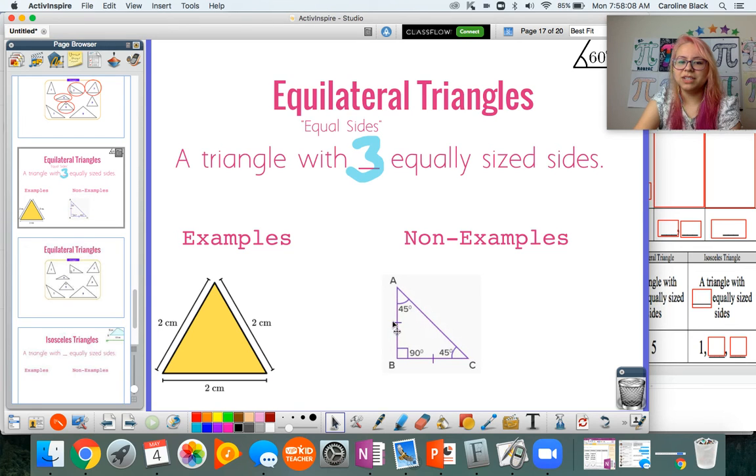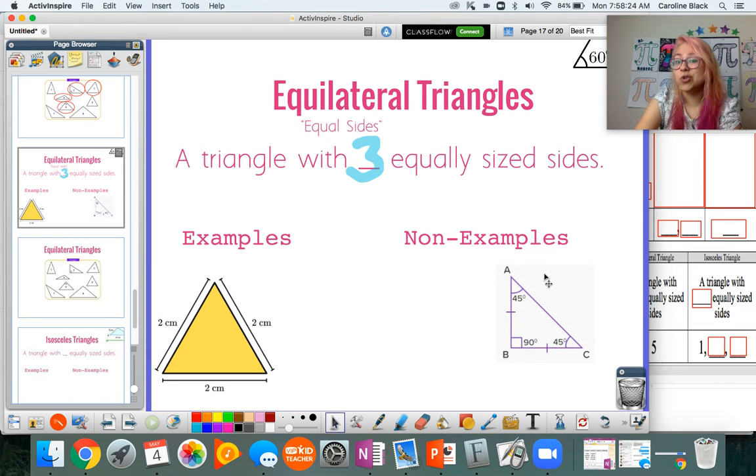Oh, here we have tick marks. I only see that AB is the same as BC because it has the tick marks, but this side does not have that same tick mark to say that it's equal to the other two. So this has 2 equal sides, not all 3.